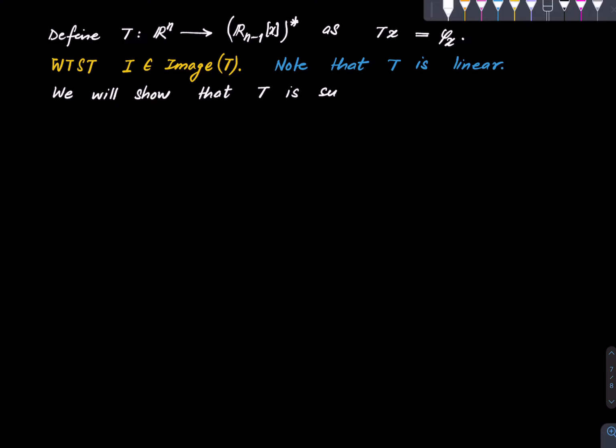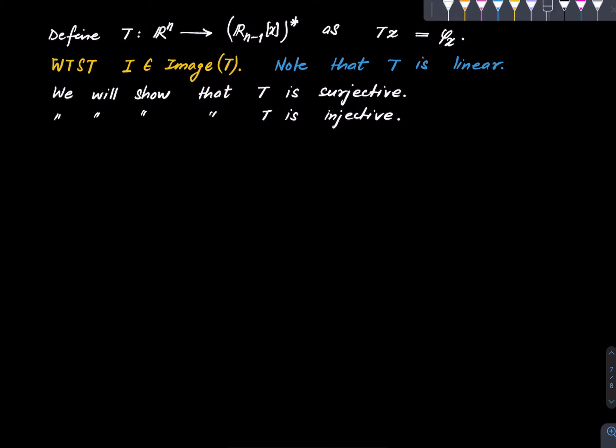Once we show T is surjective, obviously I will be in the image of T, because I is after all a member of the target of T. And since these two vector spaces have the same dimension, this has dimension n, this has dimension n, and therefore the dual also has dimension n, we will actually show that T is injective, because that is equivalent to surjectivity of T, since these two spaces have the same dimension and T is linear. So injectivity of T is the final goal now.